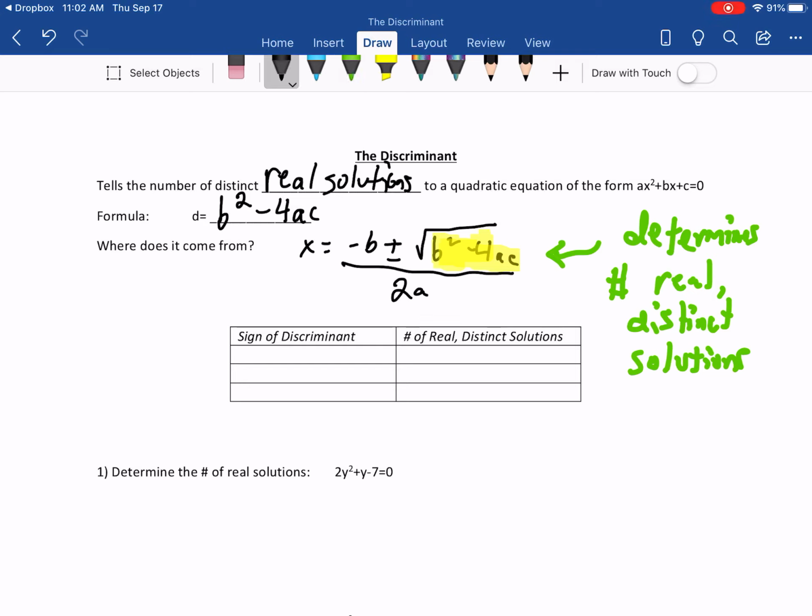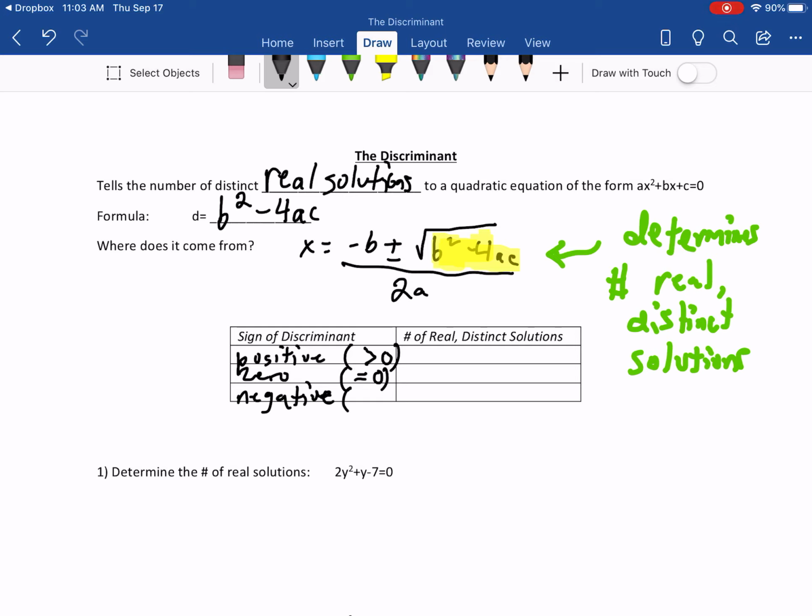Okay, and then we also knew that the only part of the discriminant that's important is whether it's positive, 0, or negative, okay? And we want to think of positive: if a number is positive, it's greater than 0. 0, it's equal to 0.